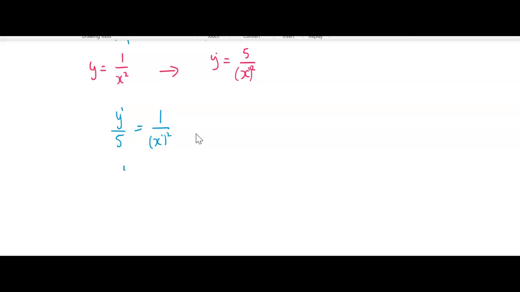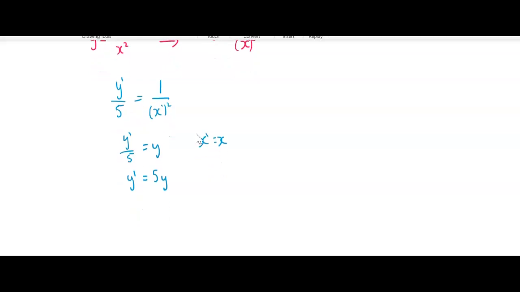So my y dash over 5 is where our y was. So that means y dash is equal to 5y. And our x hasn't changed. All right, so x dash is just equal to x. So when I'm looking at the coordinates, x is unchanged, and we've got 5y.